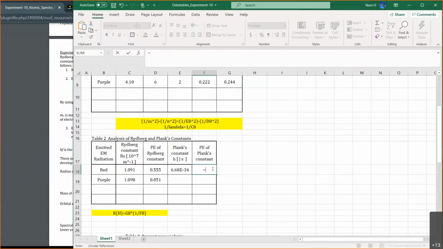Equal sign, expected value ABS parentheses 6.626 multiplied by 10 to the power minus 34, minus the calculated value, which is on E, now cell number 18, divided by parentheses 6.626 multiplied by 10 to the power minus 34, times 100. So the percentage error is about 0.8. So our whole calculation is very good.